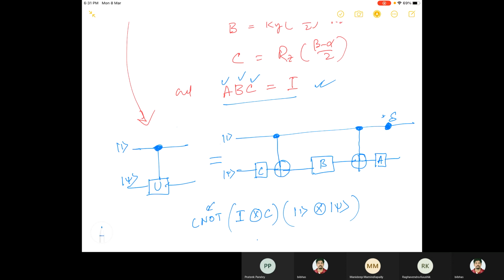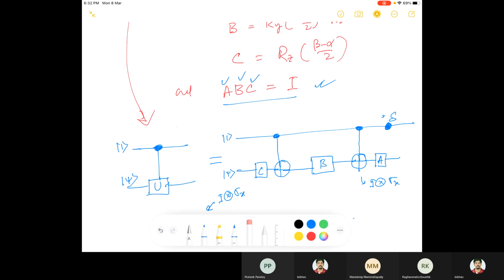But the C naught gate is nothing but I times sigma x. Whenever this C naught gate is there, it is nothing but I times sigma x because sigma x is the NOT gate. So now I can realize this by writing just sigma x and forgetting about all the C naught and other things.